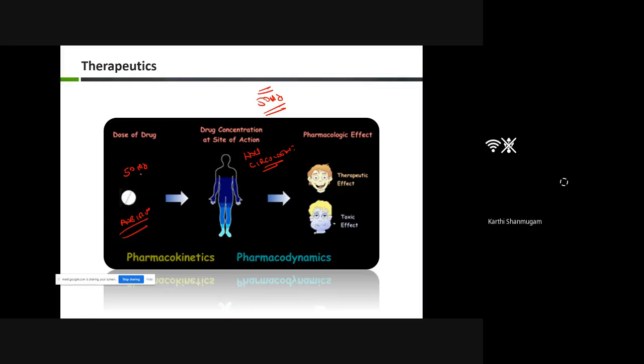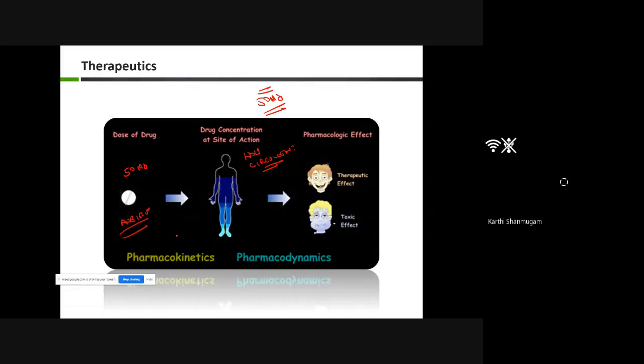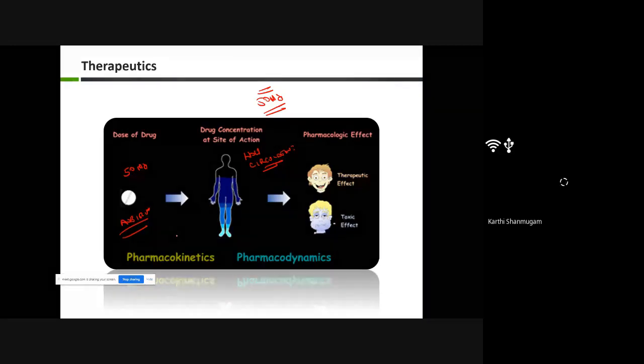My question is, if you take 50 mg of aspirin, how much of this drug molecule can I expect to be present in the circulation if the mode of administration is oral? Do you have any answer or not?